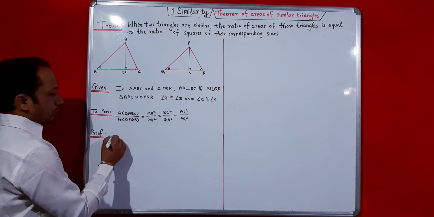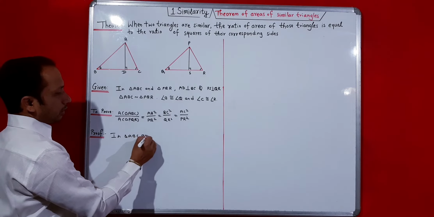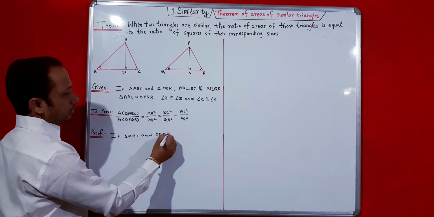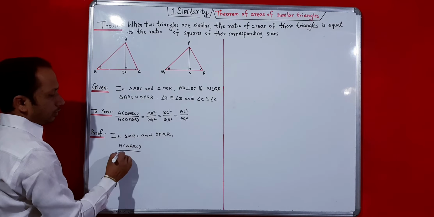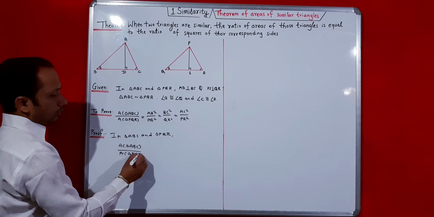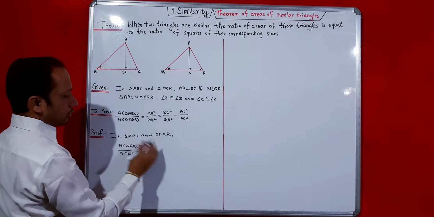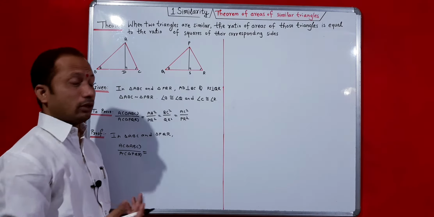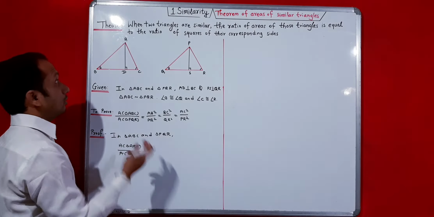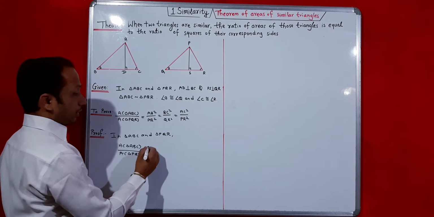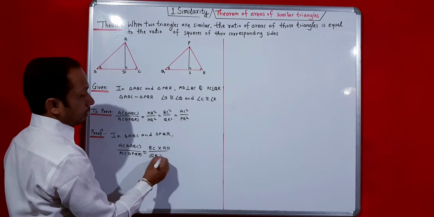So in triangle ABC and triangle PQR, I am writing simply area of triangle ABC upon area of triangle PQR. You know that the ratio of areas of two triangles is proportional to the product of the base and height of the particular triangles. So it is BC into AD upon QR into PS.